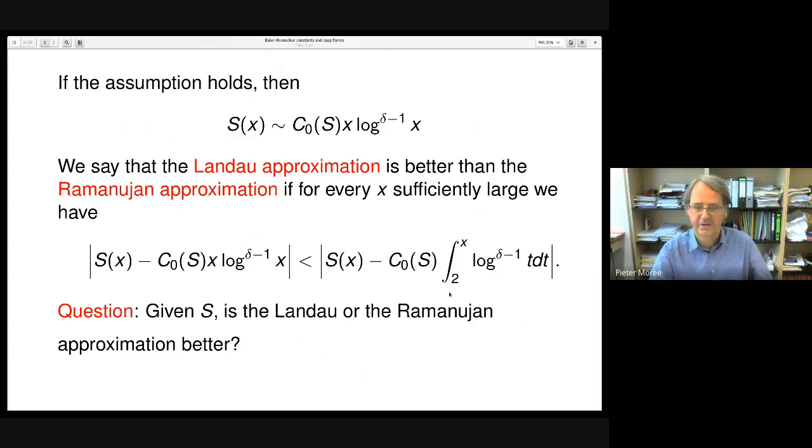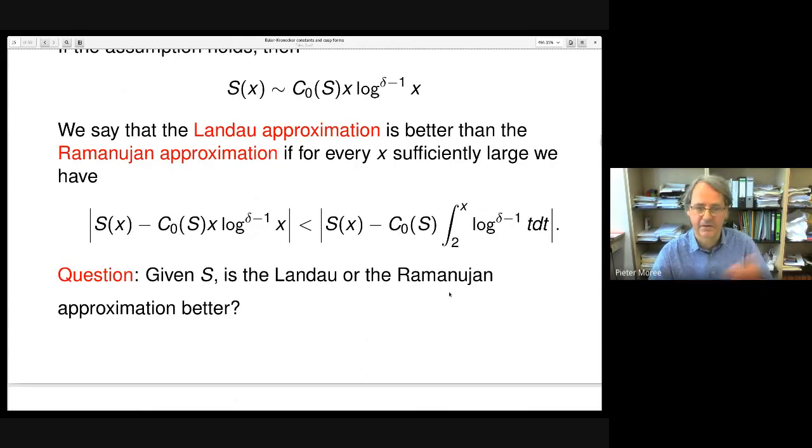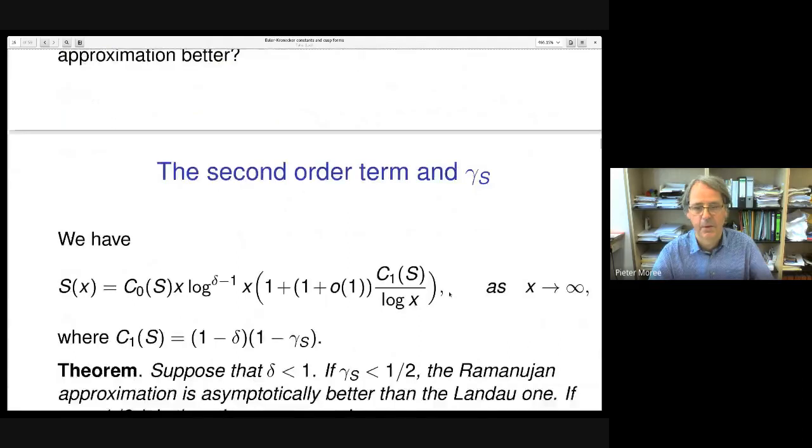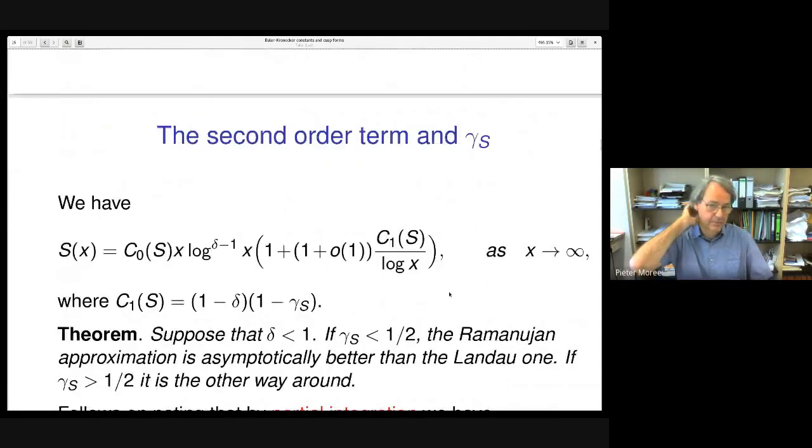So yeah, this is the idea, and this is the Landau approximation versus the Ramanujan approximation, and which one is better? Okay, and this is going to depend on the Euler-Kronecker constant. So if you look at a more precise way at this counting function f of x, then it has this asymptotic.